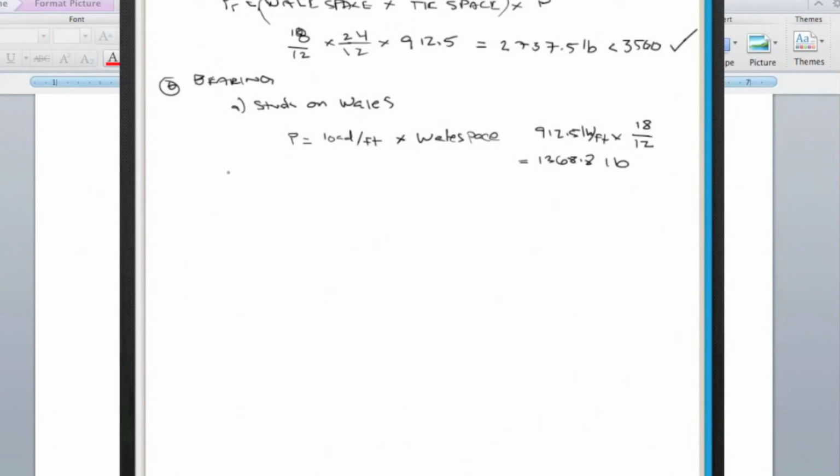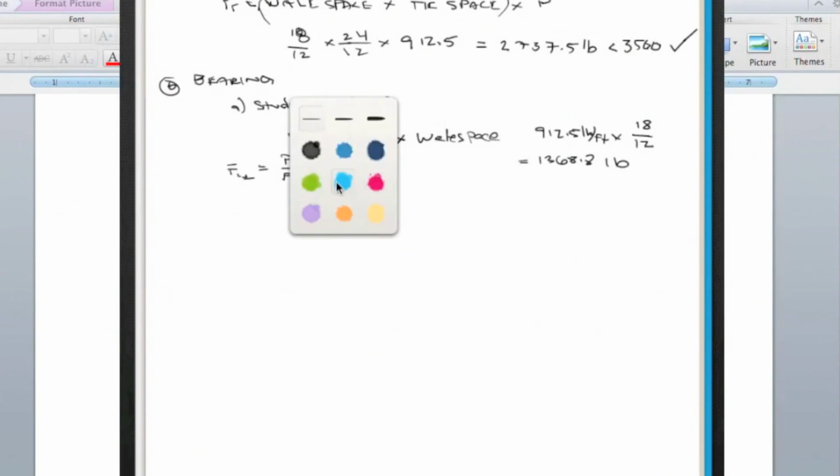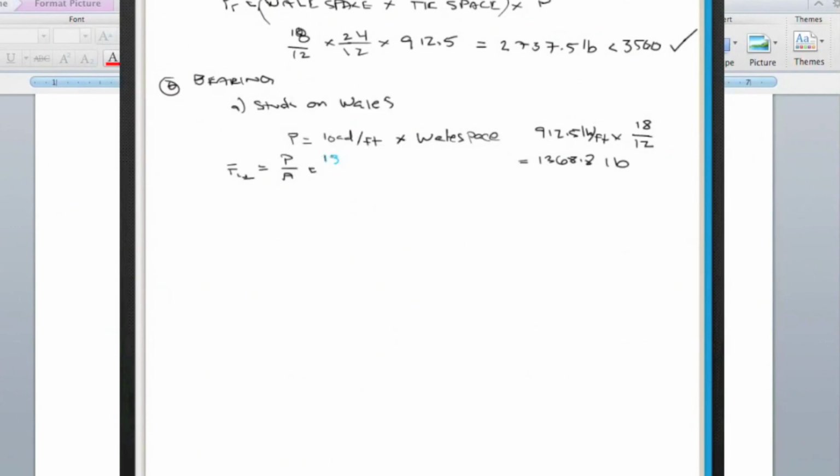pounds. Now if we're looking at compression, we're going to take that P, divide it by the cross-sectional area that's holding it, so 1368 divided by the area, which is 4.5 for a 2x4 set on the side, equals 304.2 psi, so that's pounds per square inch.